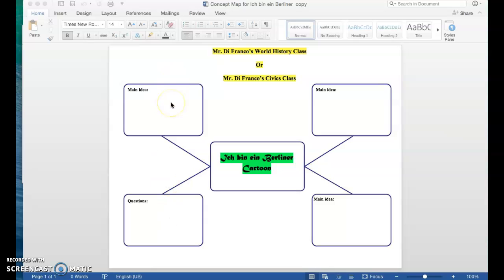Not to worry if you feel like your responses are maybe lacking, or if you don't feel like they're filled with information, because we as a class will go through this and I will walk you through my thoughts on this cartoon after you fill it out.